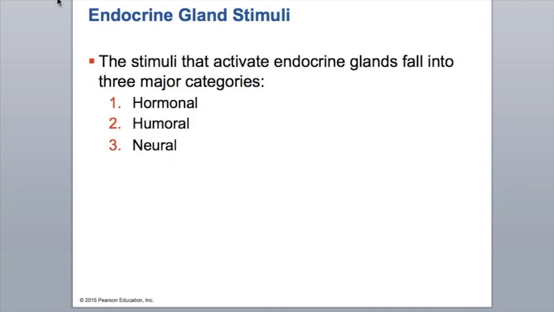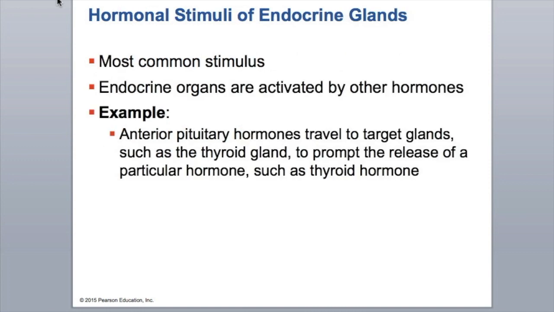Okay, so your stimuli that activate fall into 3 major categories. You've got your hormonal, your humoral, and your neural. Looking at hormonal stimuli, your endocrine glands are activated by other hormones. For example, your anterior pituitary hormones travel to target glands, such as the thyroid gland, that prompt the release of a hormone, such as thyroid hormone.